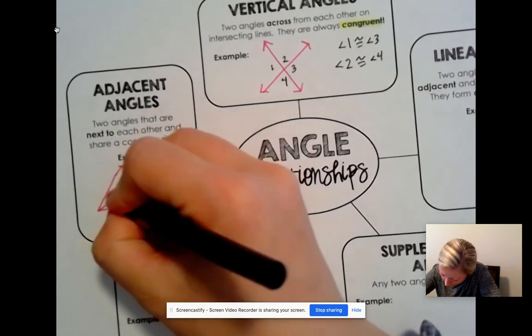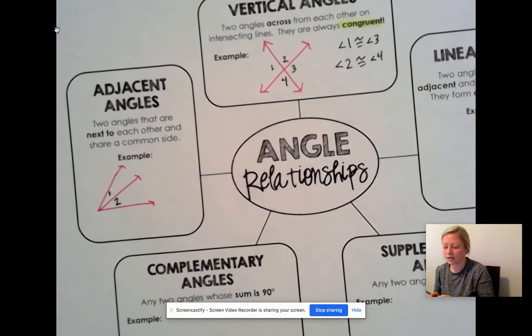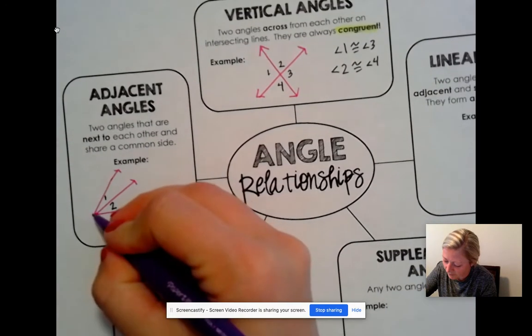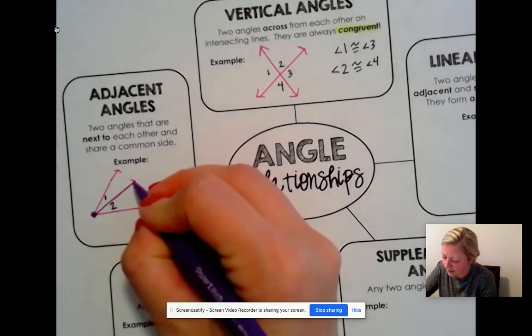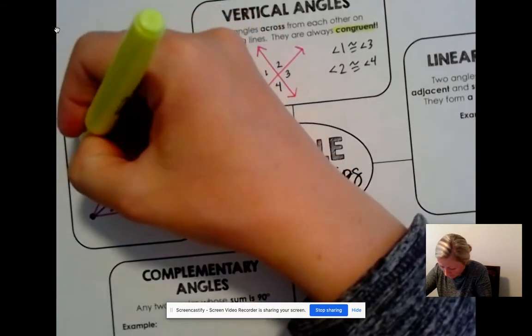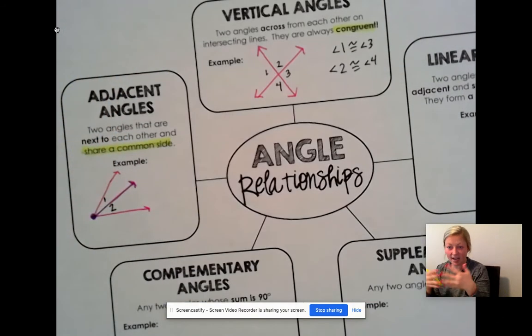Angle 1 and angle 2 are adjacent because they share the same vertex and this side there. Does that make sense? Because they share a common side. They're right next to each other. They're connected. They're not separate.